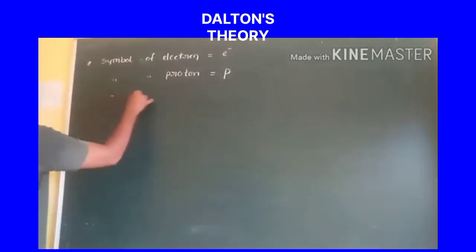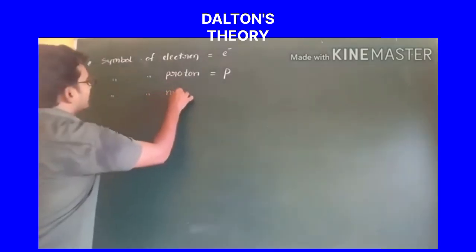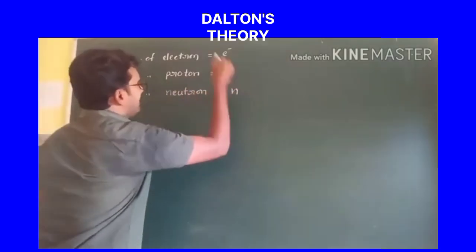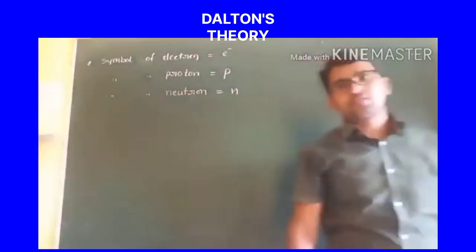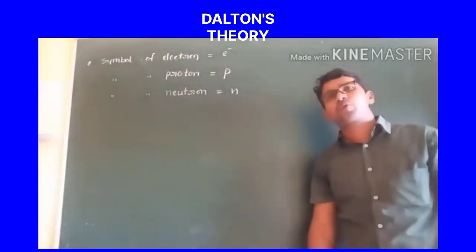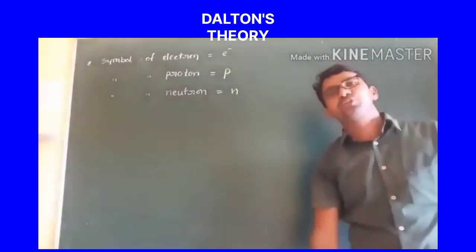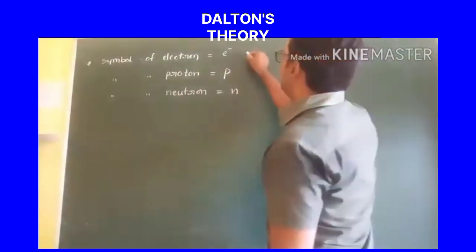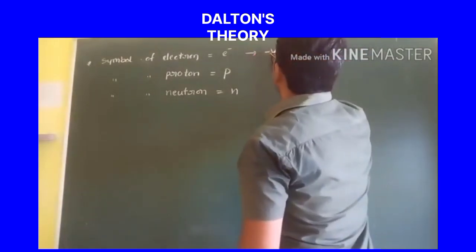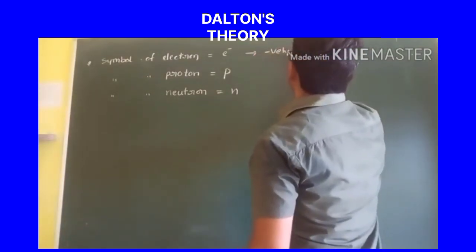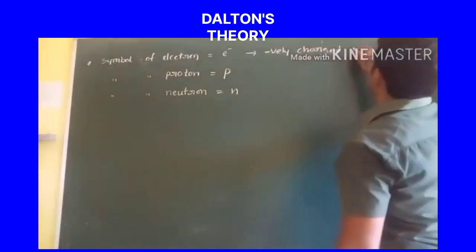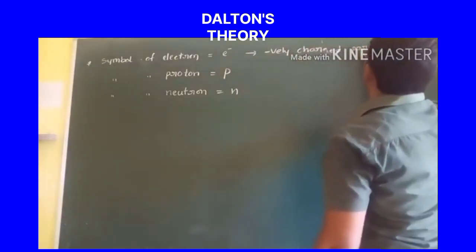Third one, symbol of neutron equals N. Electron symbol e minus, proton symbol P, neutron symbol N. Electron is a negatively charged particle.